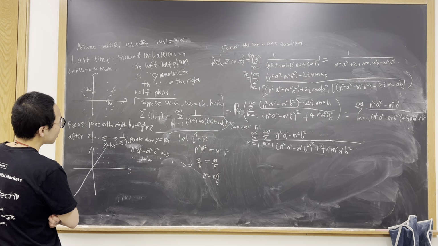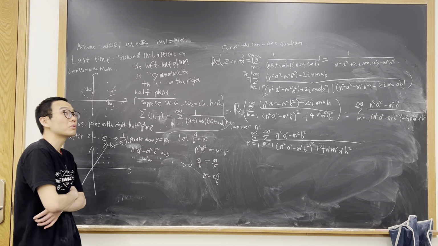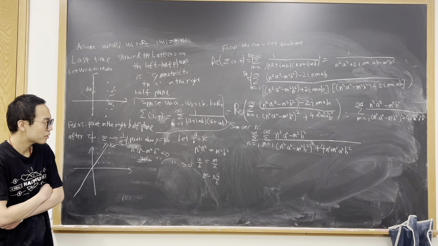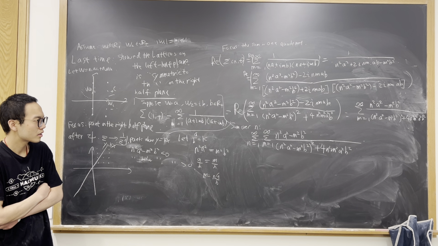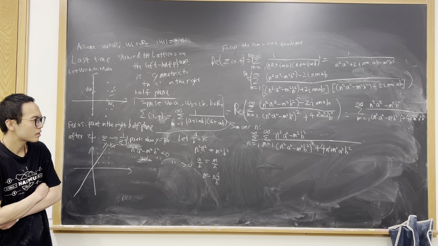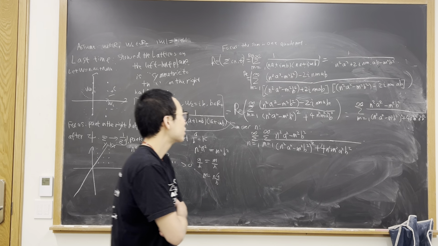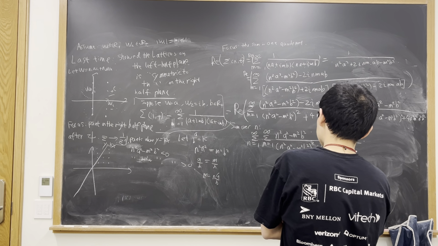So namely, I think what I can do is maybe separate the positive part from the negative part, and try to go from there. But can I really do this?